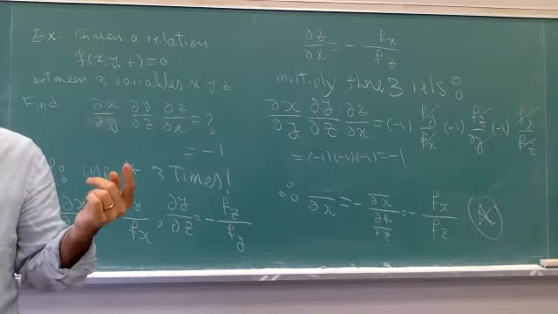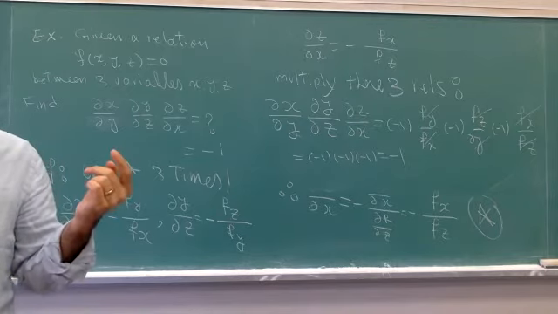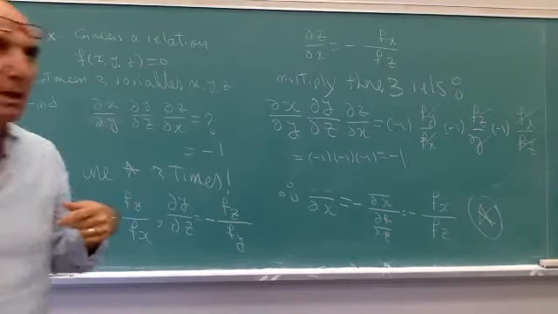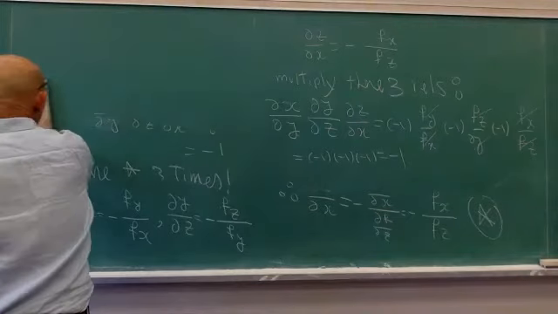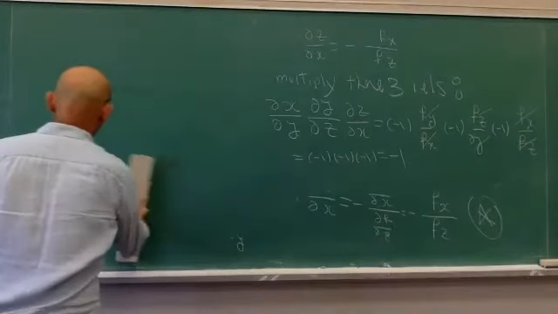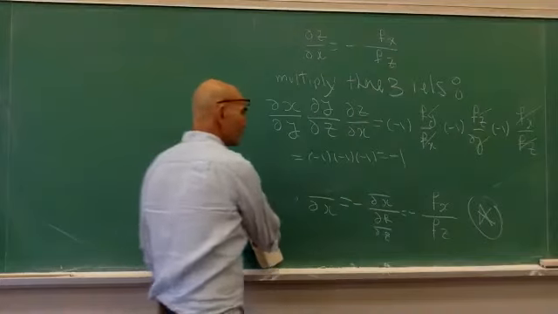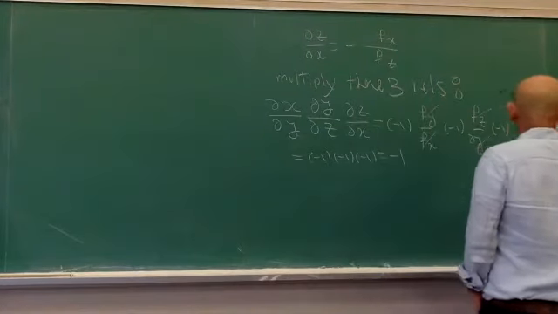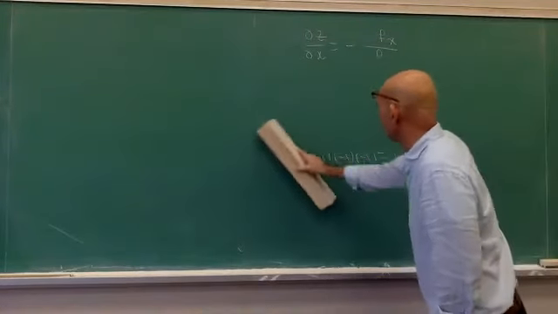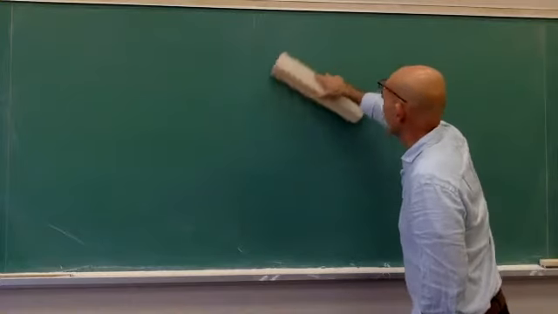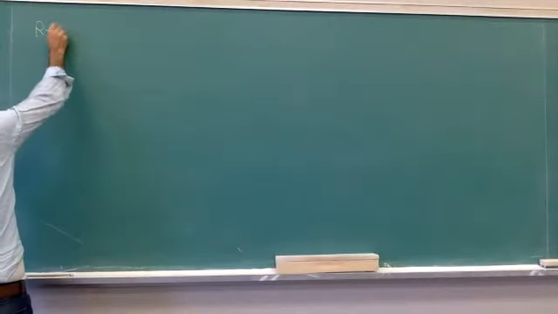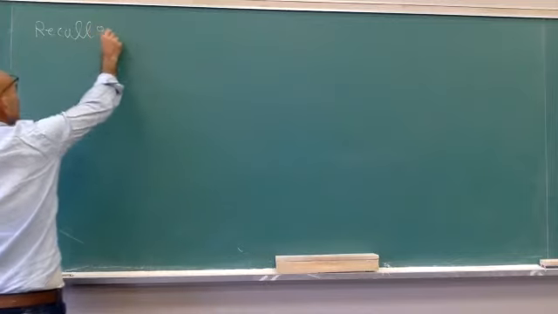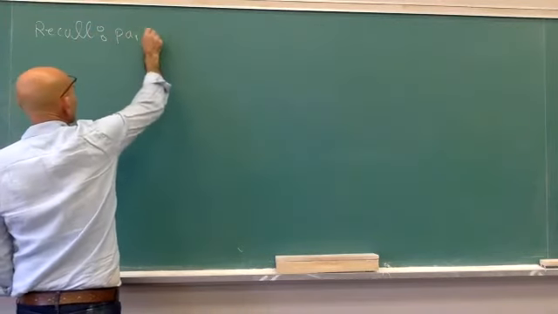I gave one example of a partial differential equation, but there are other examples in your book, so I want to discuss that. That's, I believe, in section 4.4, I guess, or maybe 4.3. So recall we discussed partial differential equations.